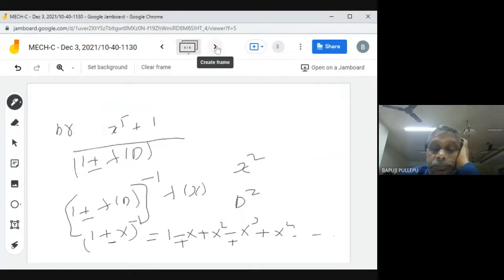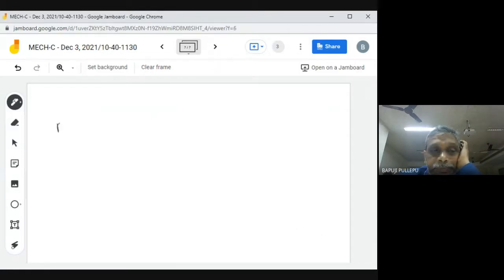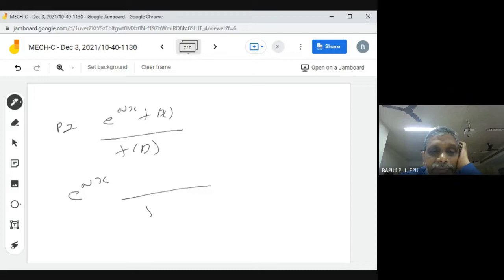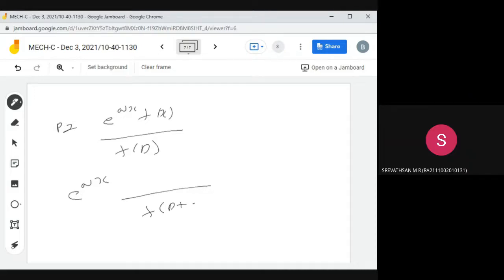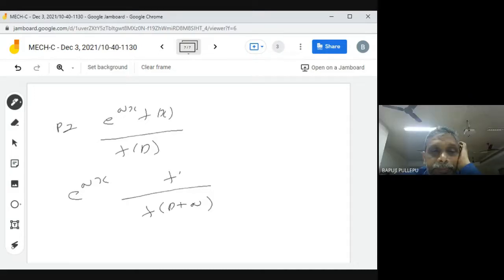Next type is what? Pi for e power ax into f of x. This time we are discussing pi only. Now e power ax you can take outside. Change D by what? D plus a. D plus a. Correct?